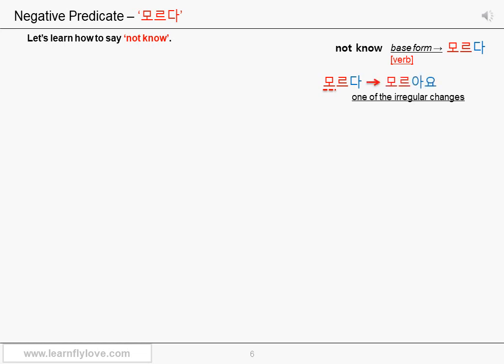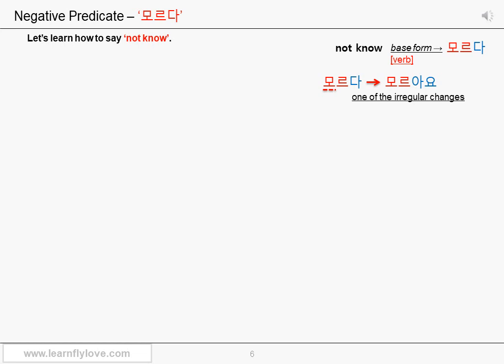If it has one of the other vowels, you add 어요 normally. Let's see the base form of the verb not know 모르다 one more time. It has the ㅗ vowel right before the ㄹ letter. Again, the 모 sound has the ㅗ vowel, which is a yang vowel. So you should use 아요.